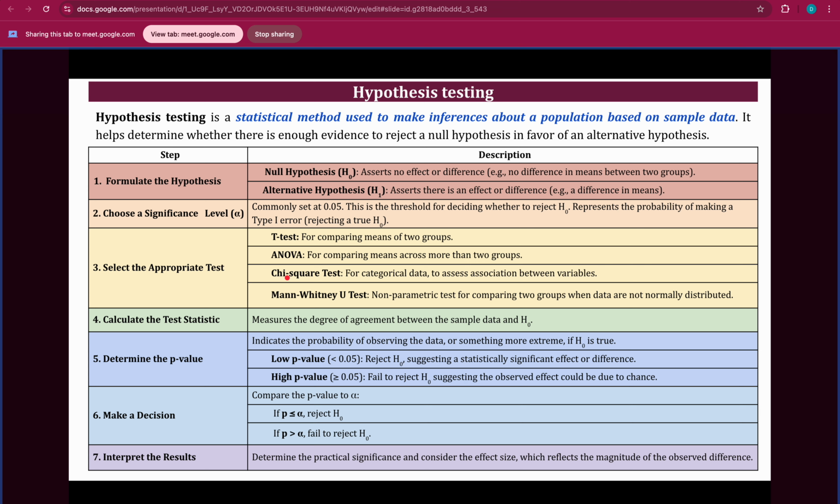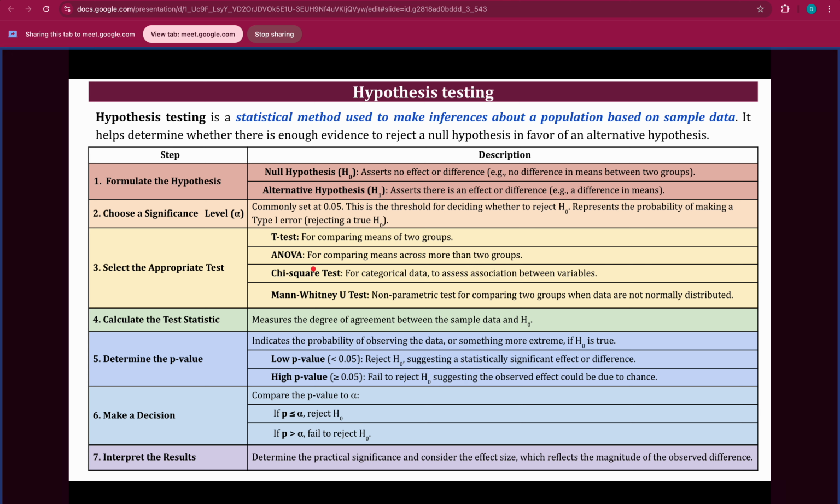Depending on what you are trying to analyze and what kind of difference you want to see, you can select any one of these tests. First is the t-test, when you want to compare two groups and compare their means. In this case, you need a parametric distribution, or a normal distribution, so this is for the parametric tests. Then comes ANOVA, which is for comparing means across more than two groups.